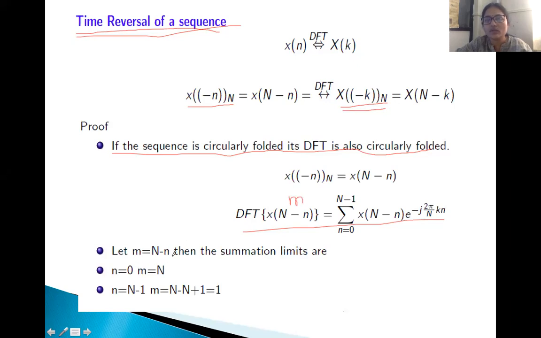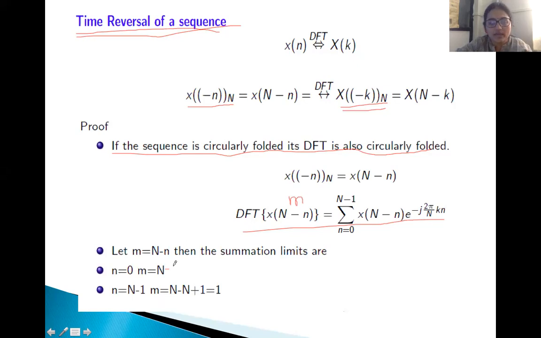So m is equal to N minus n. Now n varies from 0, the first value of n is 0 and the final value of n is N minus 1. If I substitute this, the index value is going to be changed.